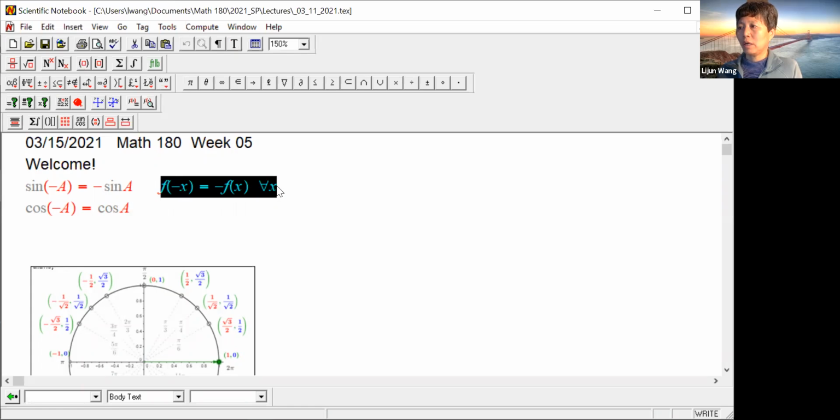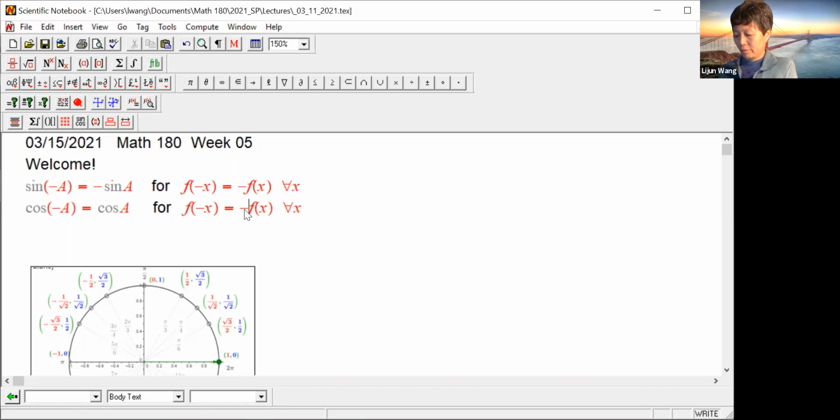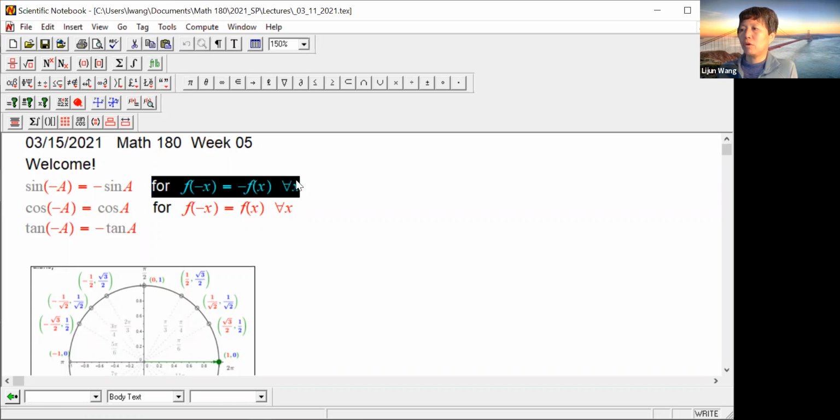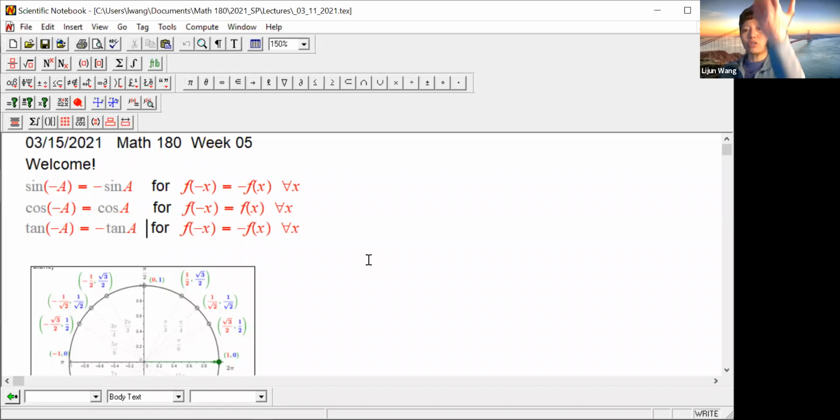That's the even. And tangent, these are the algebraic forms. Tangent of negative a is negative tangent of a, for all of that. So you've got a picture, the definition, the unit circle, all of these different forms.